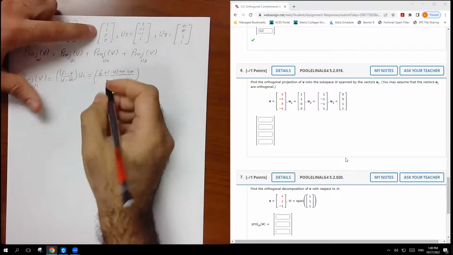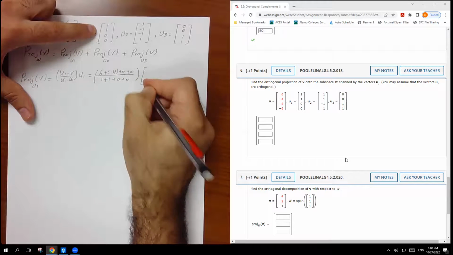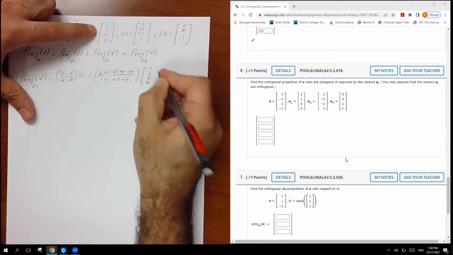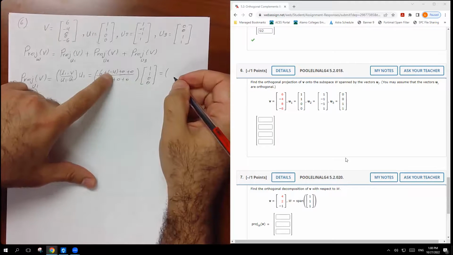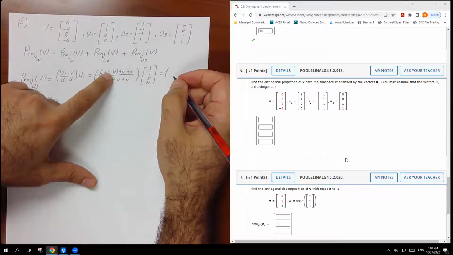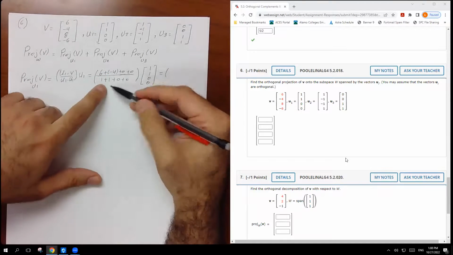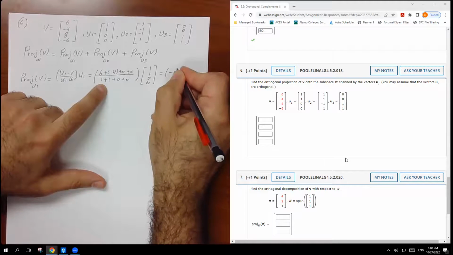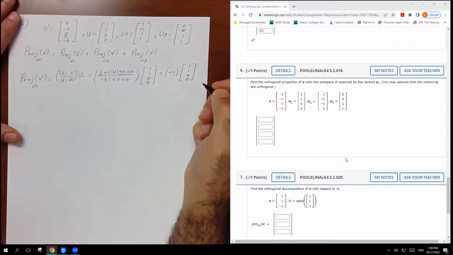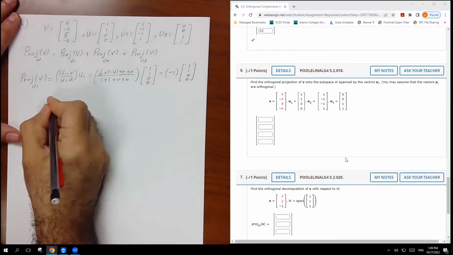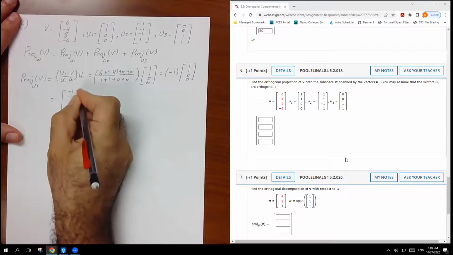And U1 dot U1 is going to be 1 plus 1 plus 0 plus 0. And everything times U1, which is 1, 1, 0, 0. So the result is 6 plus -4, which is 2. 2 over 2 is going to be 1, so 1 times 1, 1, 0, 0. So the projection, the first one, is going to be equal to 1, 1, and 2 zeros.